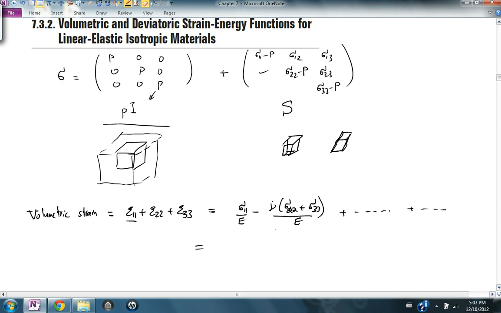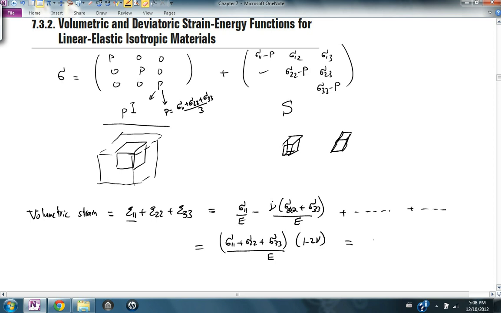When you perform this calculation, you find that epsilon 1 1 plus epsilon 2 2 plus epsilon 3 3 is equal to sigma 1 1 plus sigma 2 2 plus sigma 3 3 over E multiplied by 1 minus 2 Poisson's ratio. Remember that P is equal to sigma 1 1 plus sigma 2 2 plus sigma 3 3, the average.